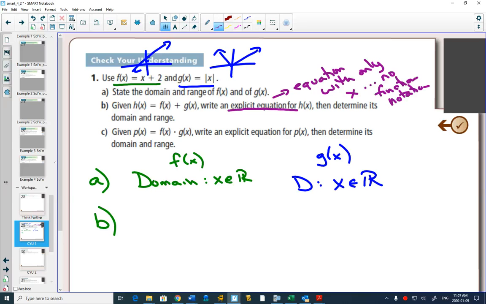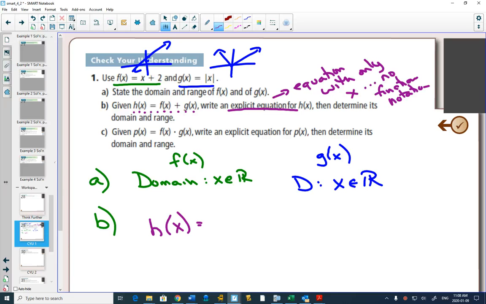Right now, this equation has function notation on the right-hand side. If we want to write an explicit equation for h of x, we're going to write h of x equals, and on the right-hand side, not have any functions.